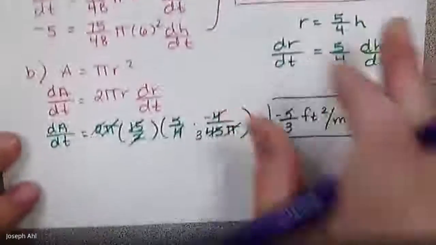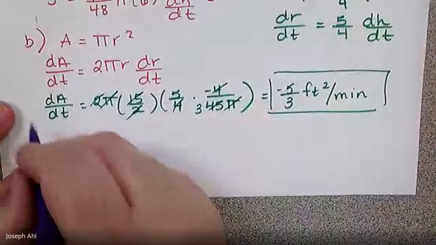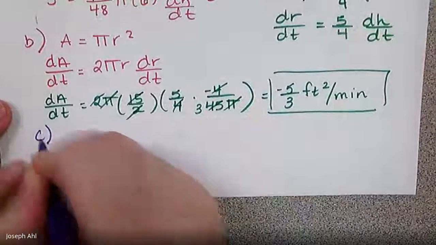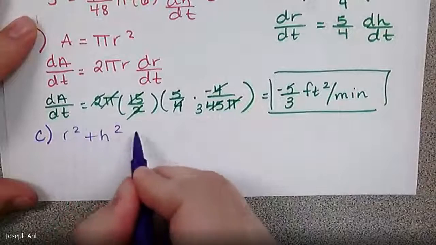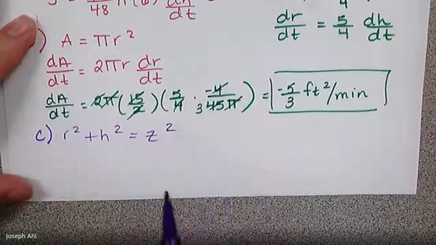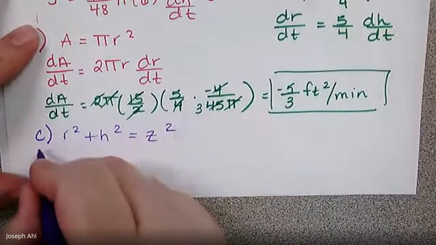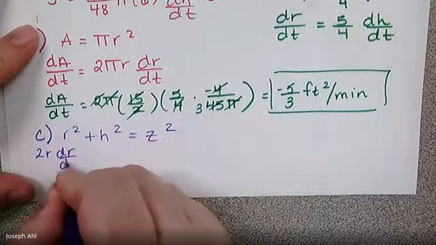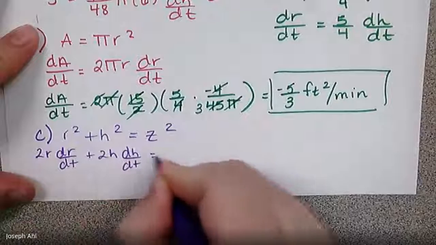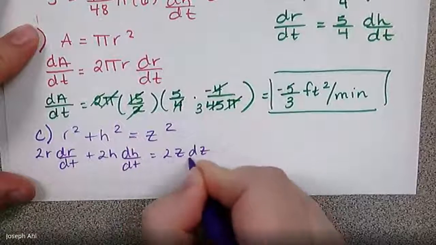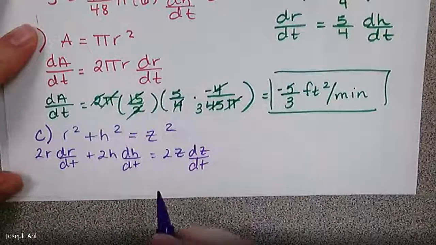So for part C, we're looking for dz/dt, given that r squared plus h squared equals z squared. So it'd be 2r dr/dt plus 2h dh/dt equals 2z dz/dt.